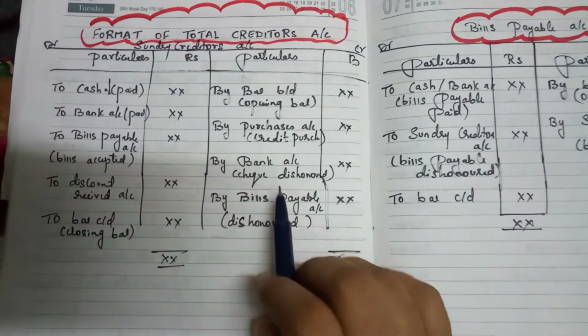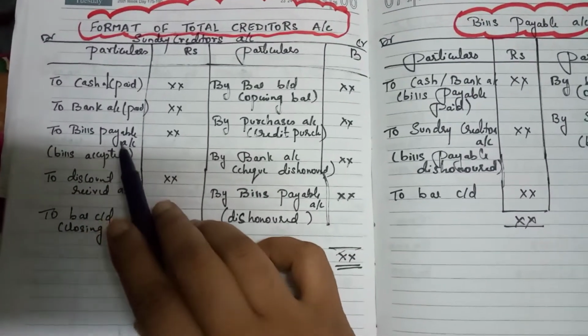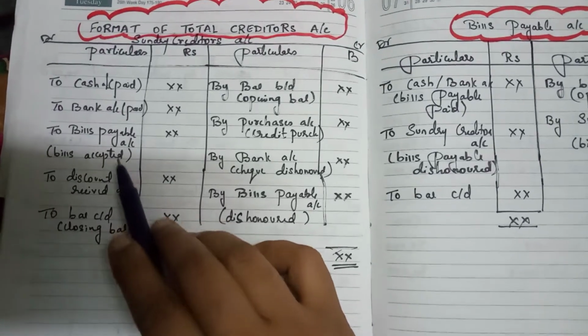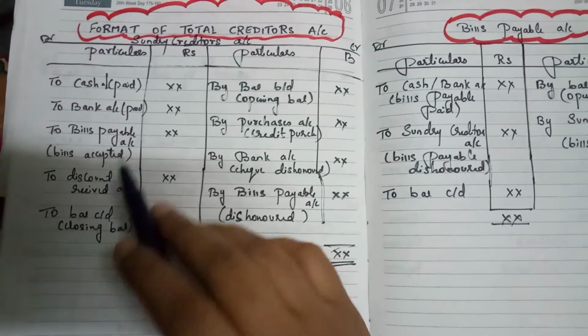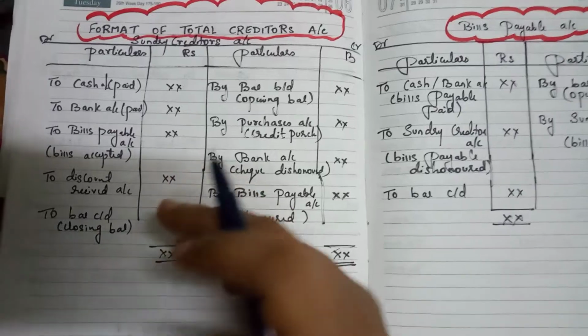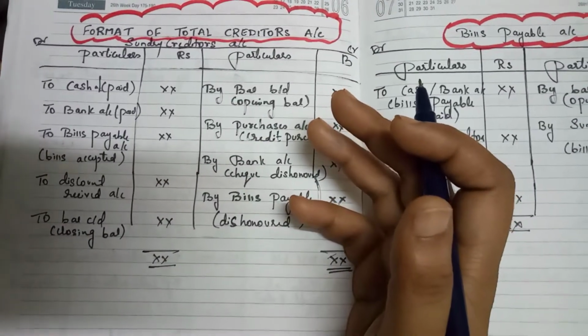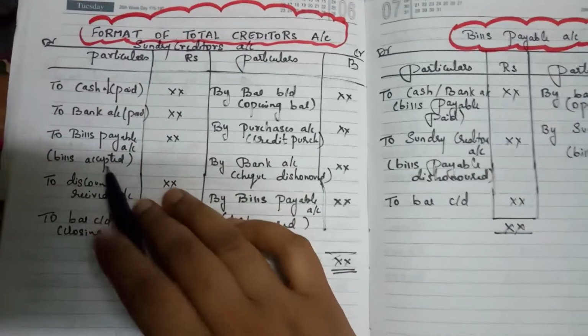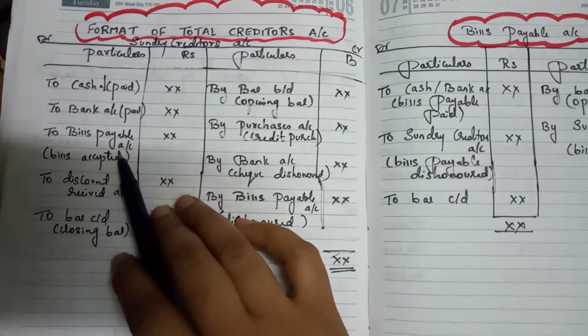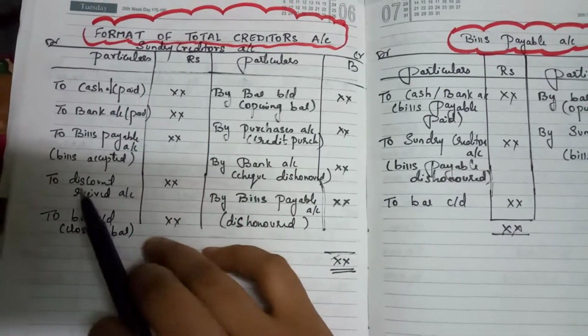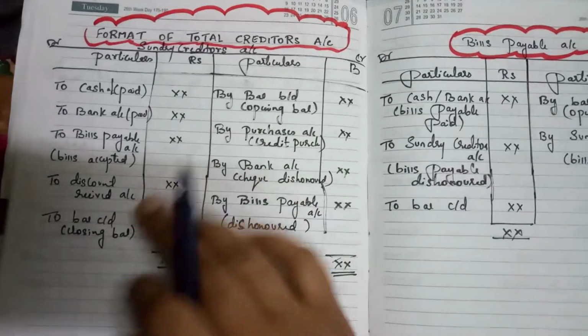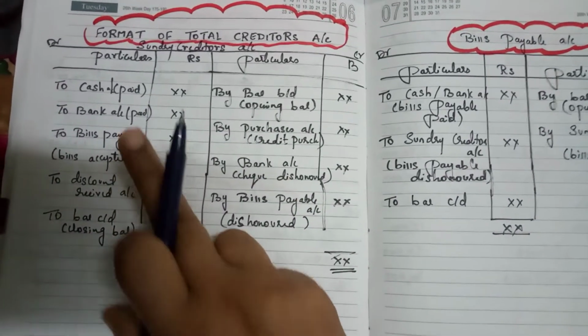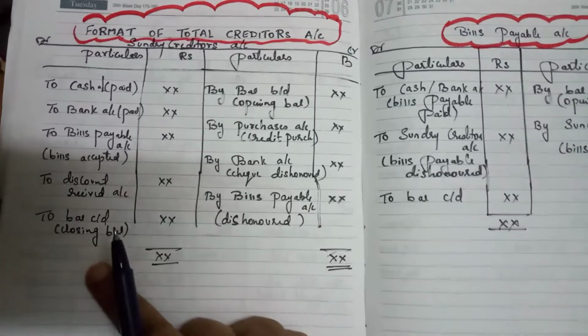If any bills payable are honored, meaning bills payable that you accepted, you have to pay the amount the creditor has drawn on you. So, to bills payable, discount allowed, here discount received. Then to balance carried down.